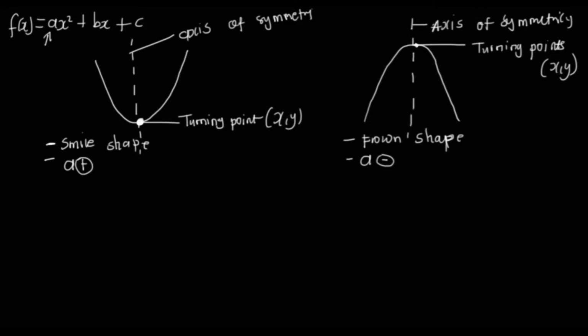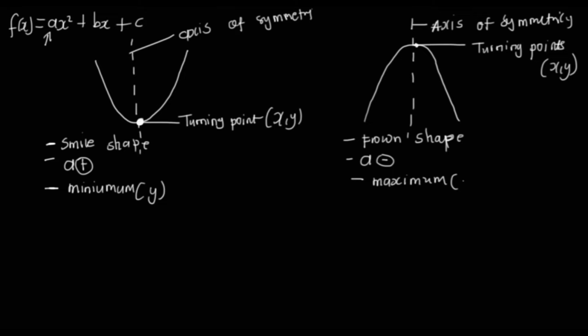Now the other part that we need to know for each given shape here is that when we have a smile shape, this value is what we call the minimum value. So we have the minimum value here, and the minimum value is given by the y-coordinate of the turning point. Then for the frown shape here, we are going to have a maximum value.